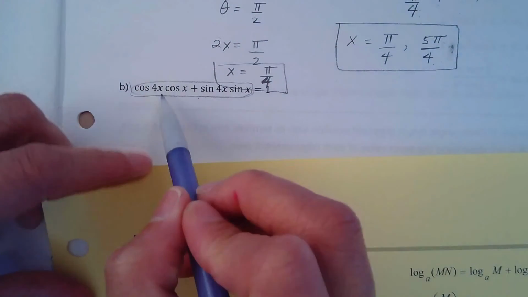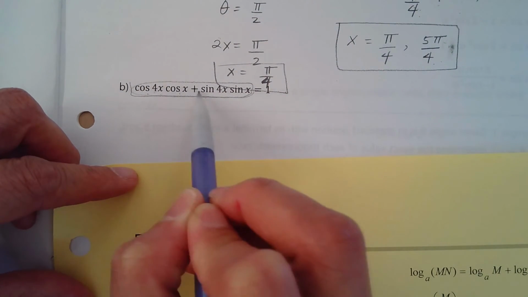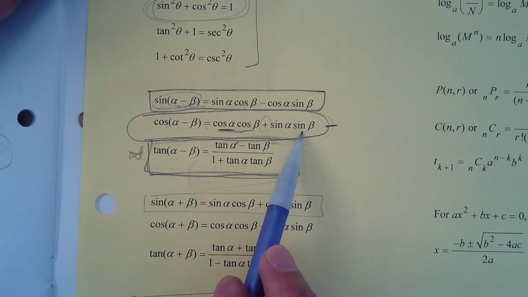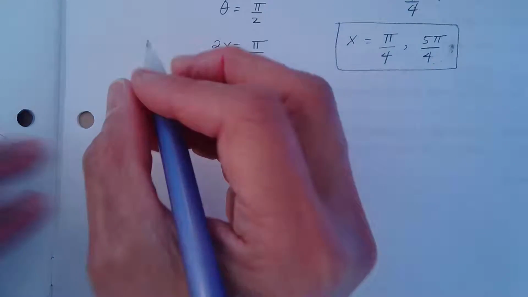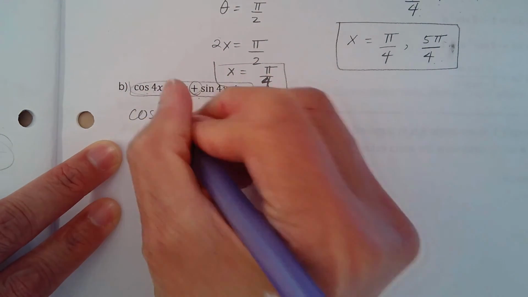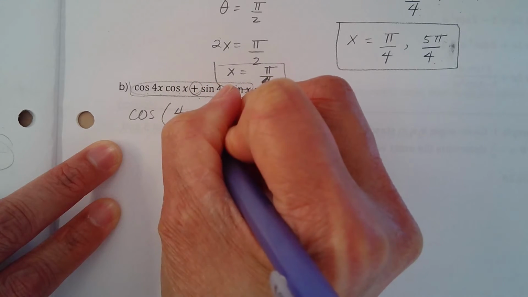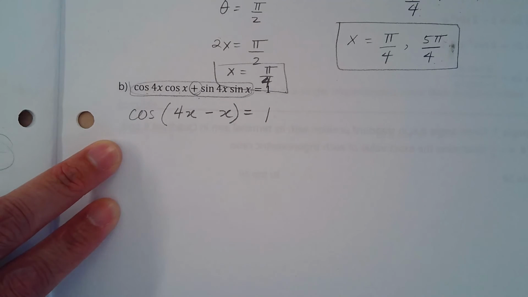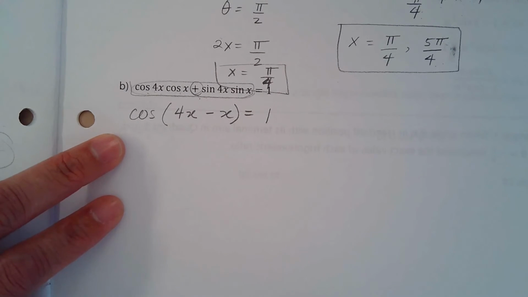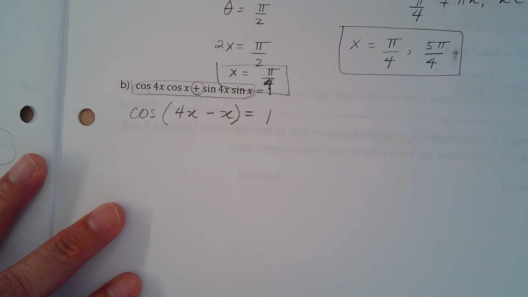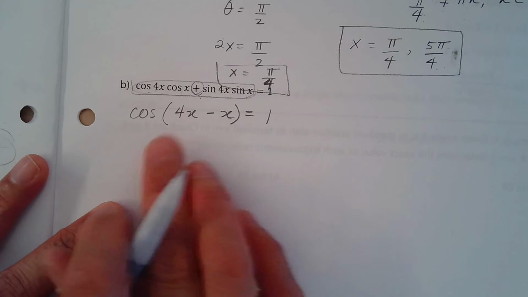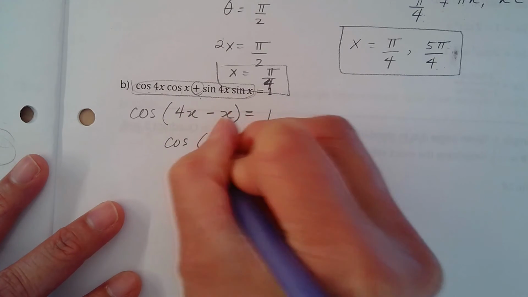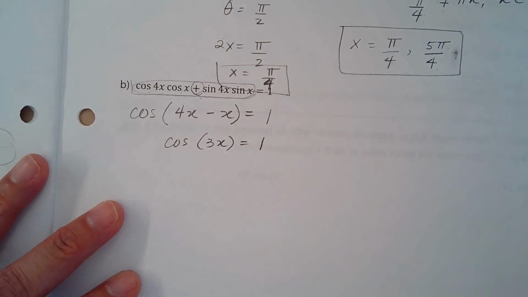Because you have cos, and then a plus, cos, and a plus, sine. Okay, so this boils down to cos of 4x minus x equals, is that 1? Yeah, it is 1. Okay, so cos of 4x minus x, that's going to be cos of 3x equals 1.